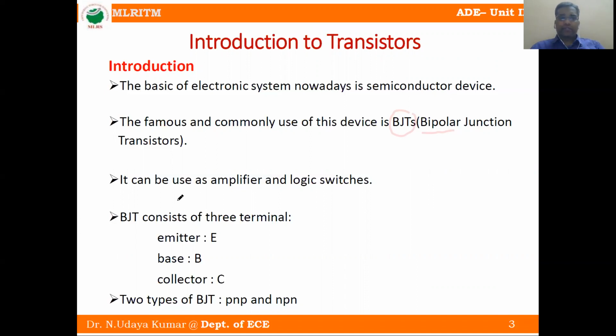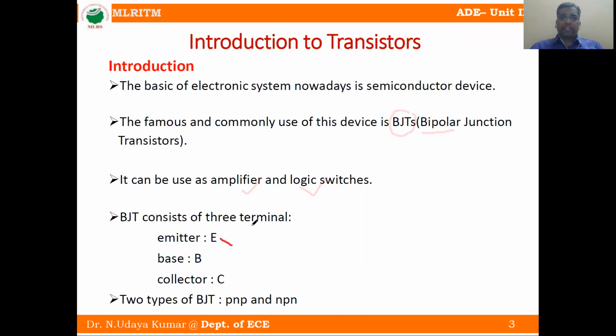So it can be used as an amplifier, logic switch, and also oscillator. BJT consists of three terminals.